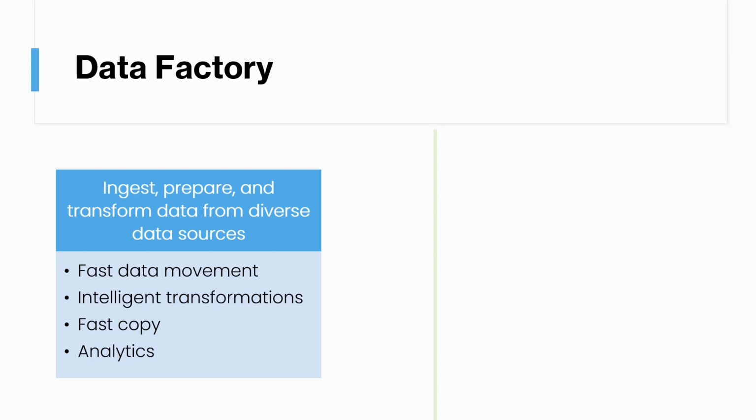Data Factory in Microsoft Fabric provides cloud-scale data movement and data transformation services that allow you to solve the most complex data factory and ETL scenarios, which is extract, transform, and load. So we have high-level features.